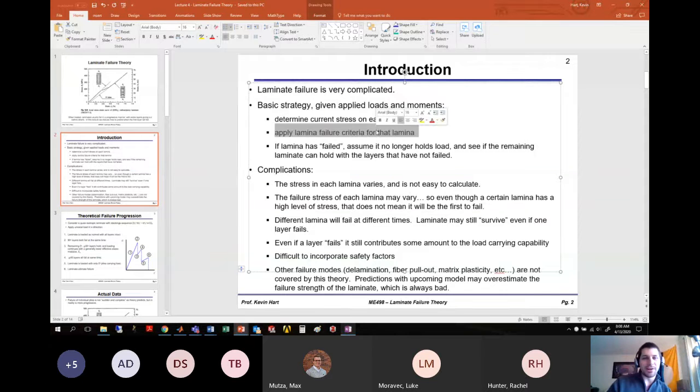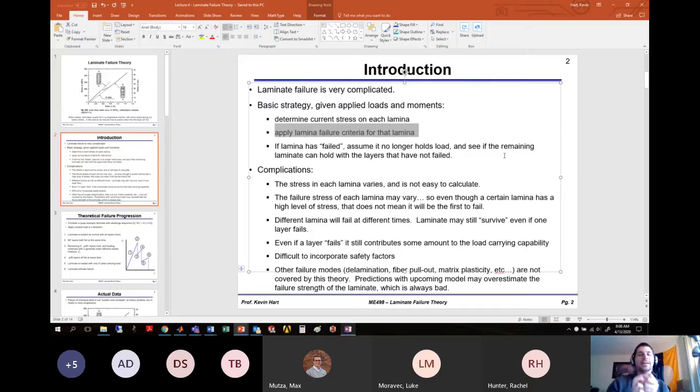Then we're going to apply a failure criteria for that lamina, that one layer. So we calculate what the stress is in that one layer. Then we apply a failure criteria, like pick your favorite: Tsai-Hill, Tsai-Wu, max stress theory, max strain theory, all those theories that we talked about in 429.